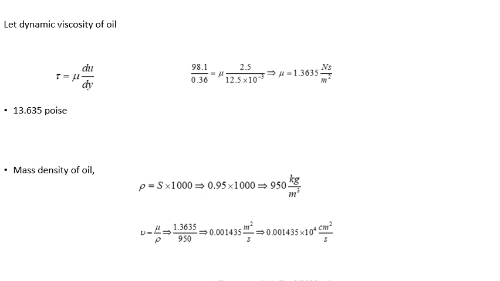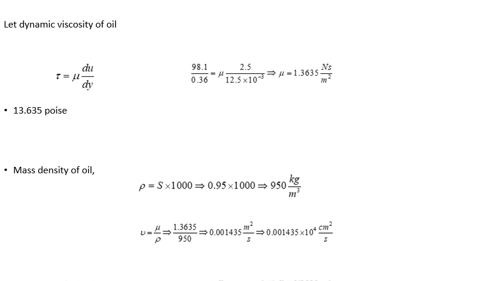So now here the specific gravity of the oil is given. Now what is the mass density of the oil? The mass density of the oil is calculated by using the expression: specific gravity into the mass density of the standard liquid. The standard liquid is water and the density of that standard liquid is 1000 kg per meter cube.